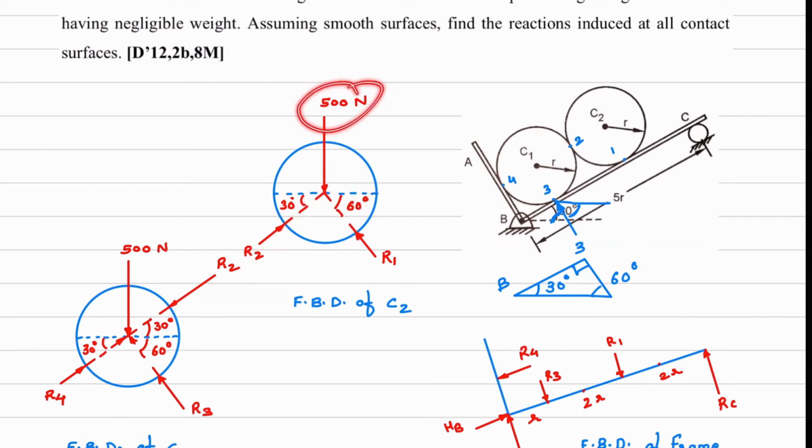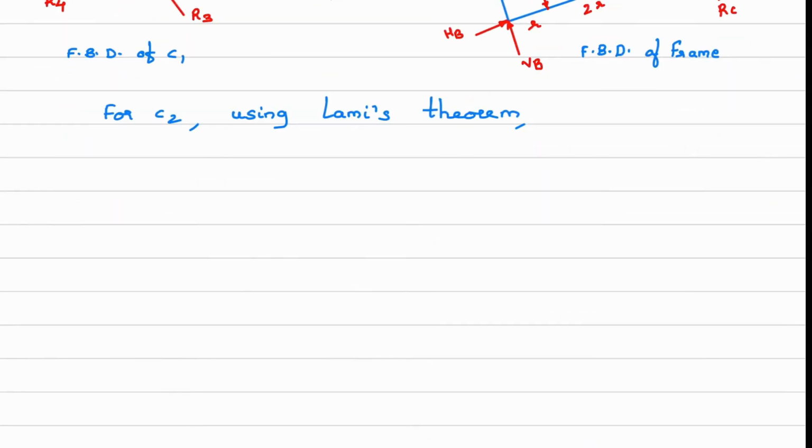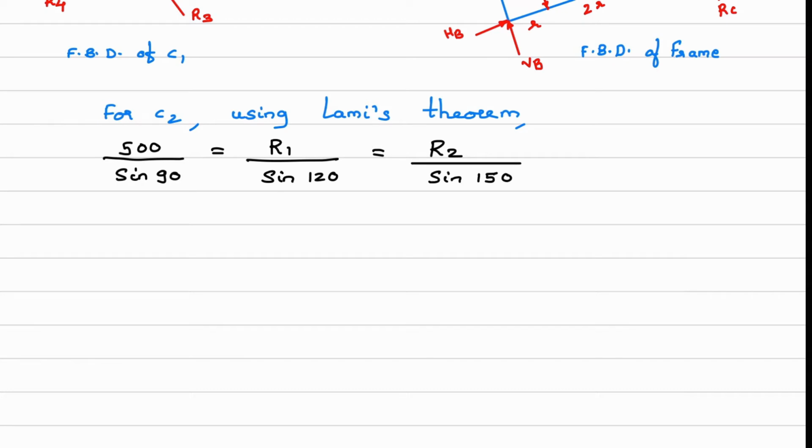So 500 divided by sine 90 equal to R1 upon sine of 90 plus 30, 120, equal to R2 upon sine of, what is this angle? 90 plus 60, 150. So I will write down Lami's theorem.